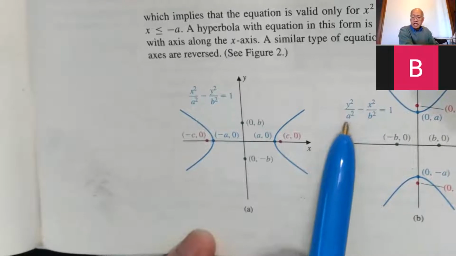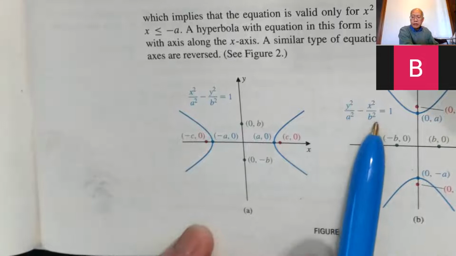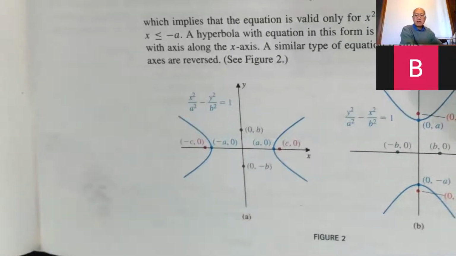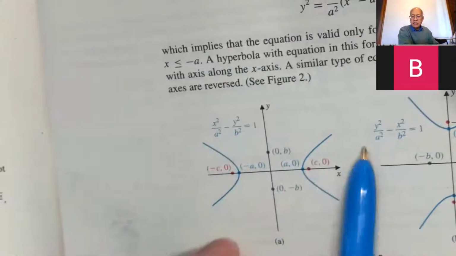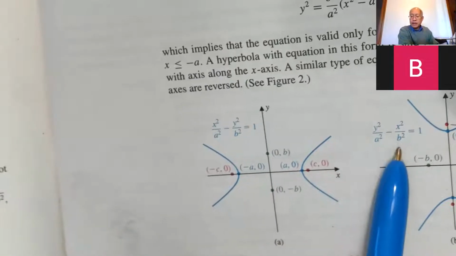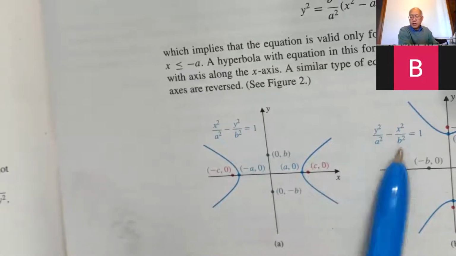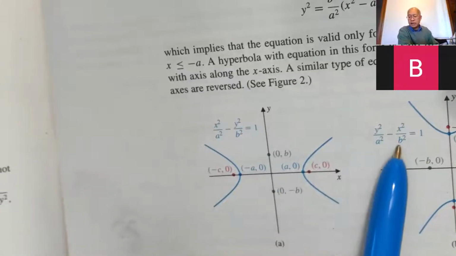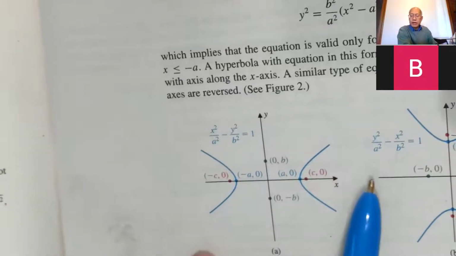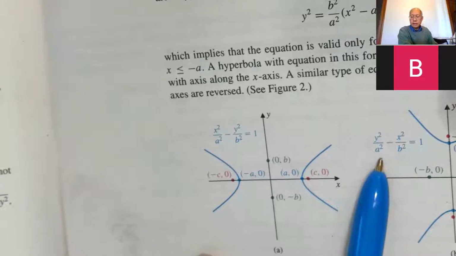So the designation for a and b for the hyperbola is a goes with positive, b goes with negative. In some sense, every positive number is bigger than every negative number, so even if that's 3 and that's negative 7, 3 squared is bigger than negative 7 squared, if you want to think of it that way. So in that sense, the positive is first, then it's the larger number.